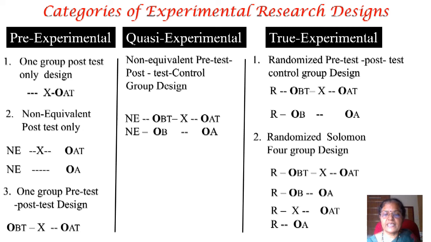That is a test, the post-test. NE stands for non-equivalent group and R stands for randomization. When there is randomization, you will not see NE, because they are randomly selected and randomly assigned and both the groups are equivalent groups. So they are called RR.